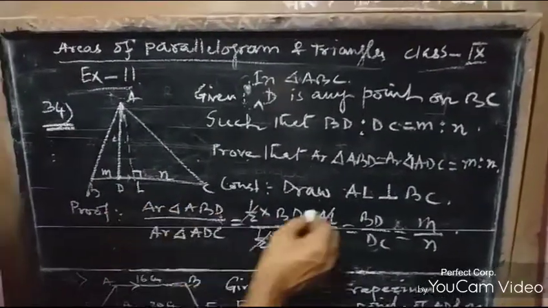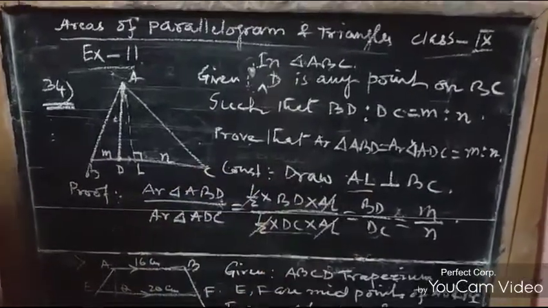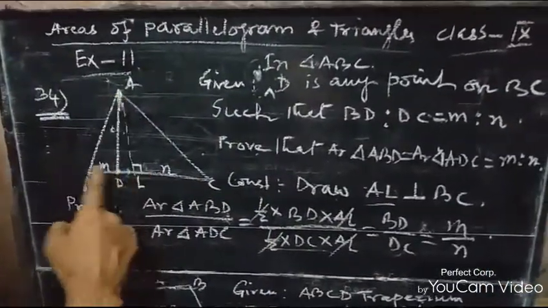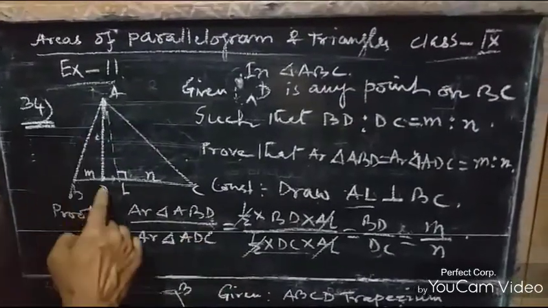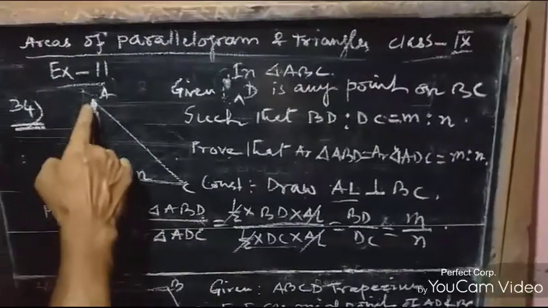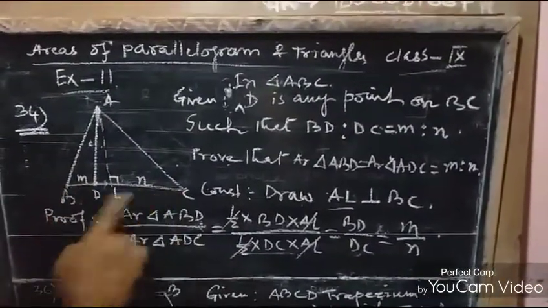Now construction, we draw AL perpendicular on BC. Now we know that the area of a triangle is half base into height. So we are just taking the area of this triangle ABD, same vertex and the base on this BC.